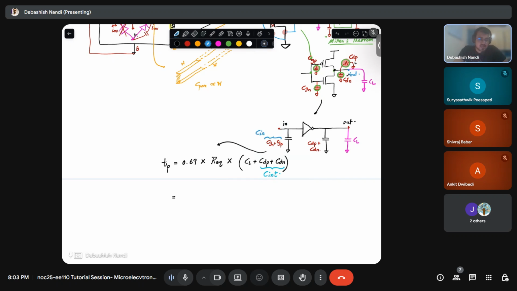This internal capacitance creates your internal delay, and C in is basically the input capacitance of the inverter. So what I'll do is multiply this with C in, and divide this with C in plus C internal by C in.